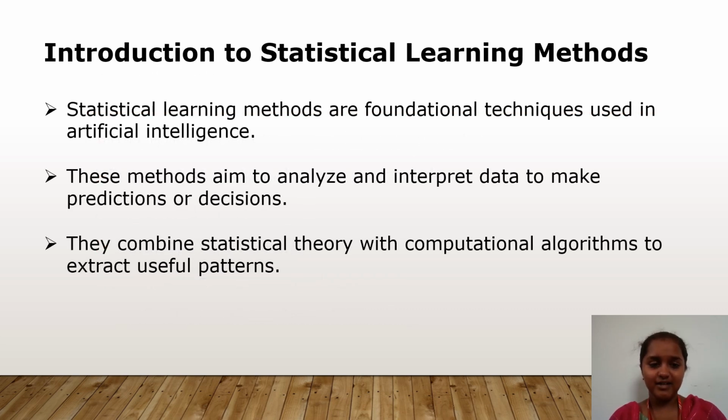Introduction to statistical learning methods. Statistical learning methods are foundational techniques used in artificial intelligence. These methods aim to analyze and interpret the data to make predictions or decisions. They combine statistical theory with computational algorithms to extract useful patterns.